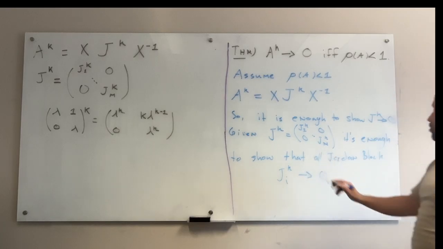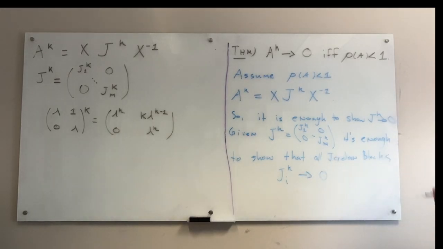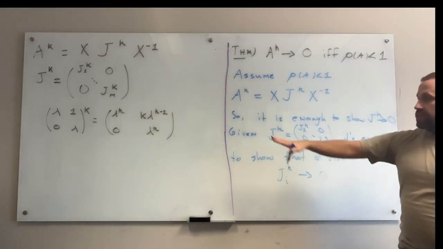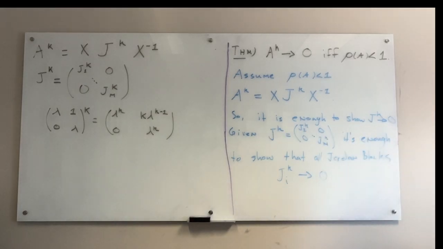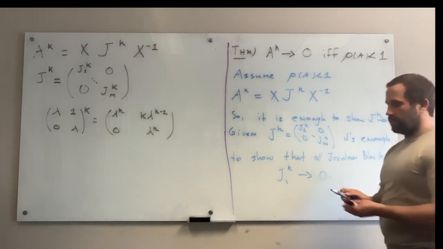Really that all Jordan blocks converge to 0. So not just a Jordan matrix, but like the Jordan block. Okay. Well, why does this converge to 0? Okay, so I'm going to come over here and now give a convincing argument.